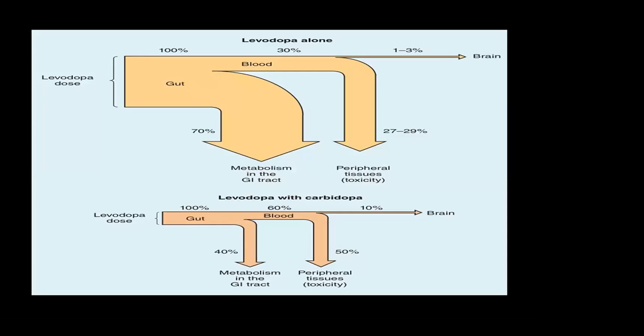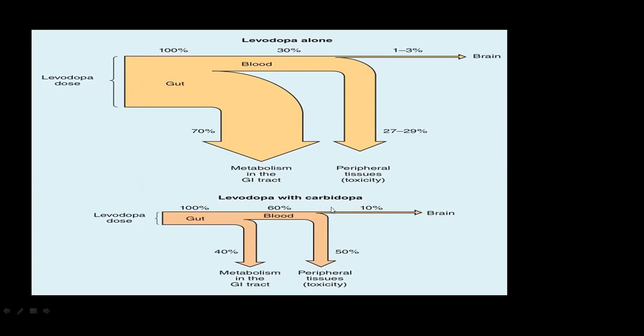So in here we have a comparison of the drug levodopa used alone and levodopa used with carbidopa. As you can see, the levodopa dose used alone is much more than the levodopa dose with carbidopa.